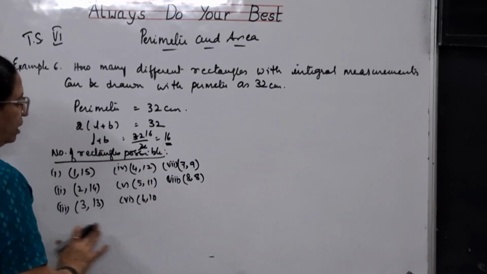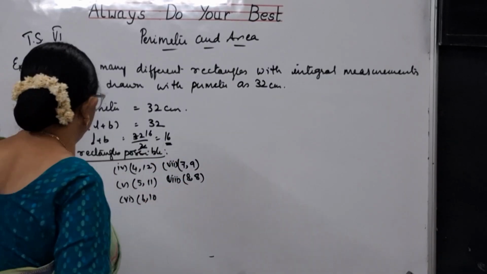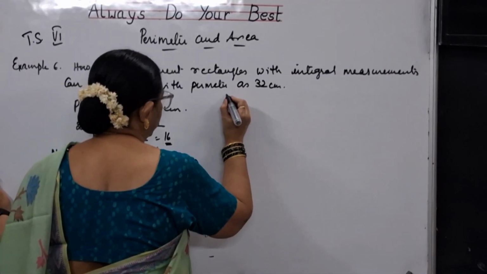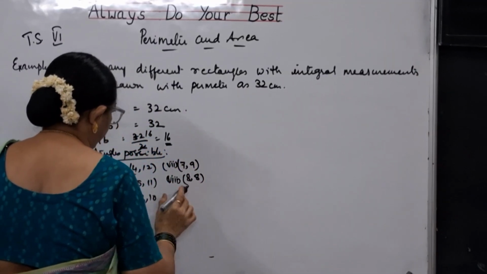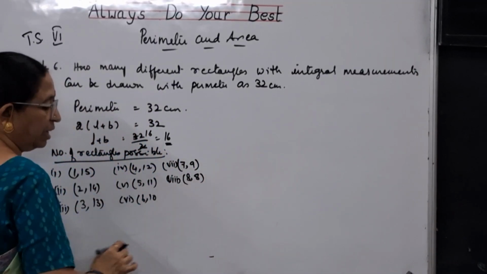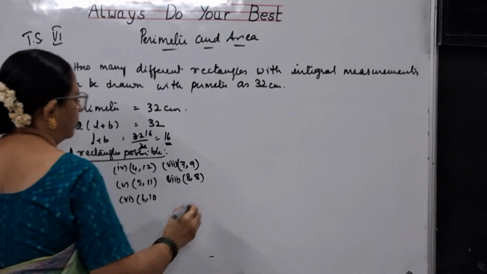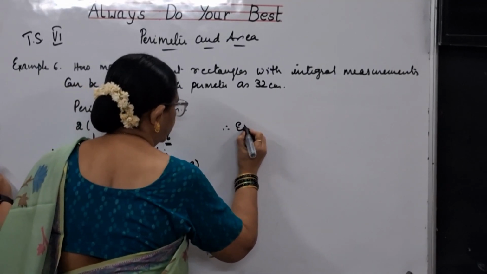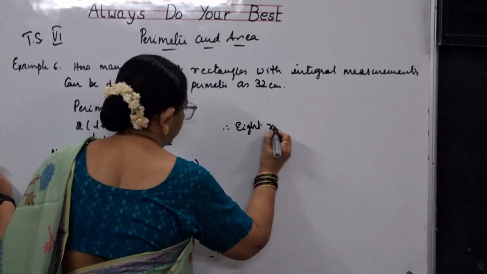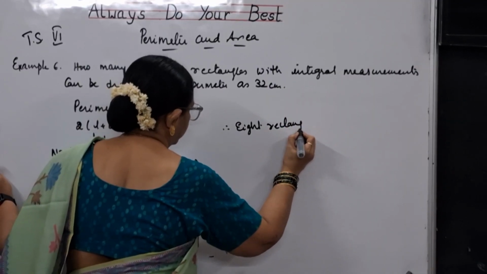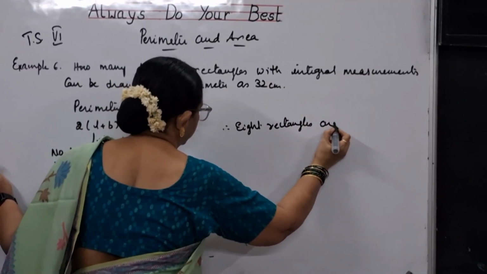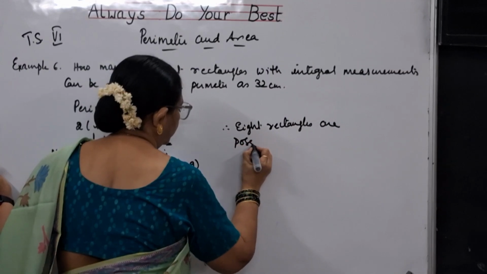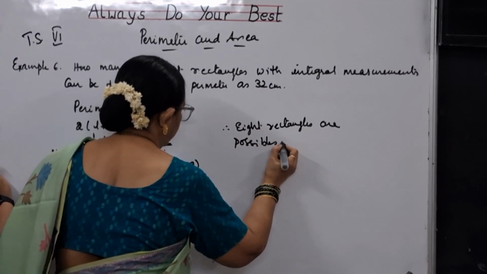That is why I have taken like this. So how many rectangles are possible here? Altogether 8. Therefore, 8 rectangles are possible. You can write 8 rectangles.